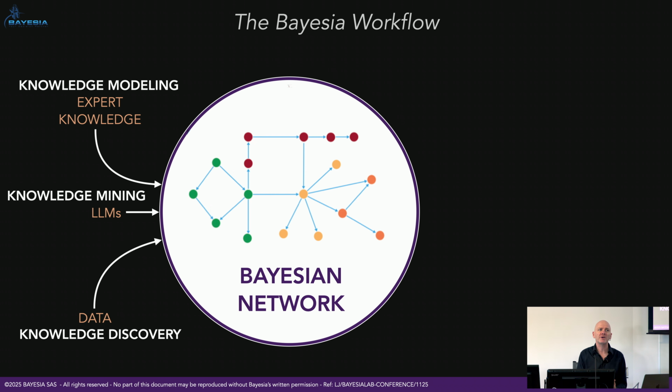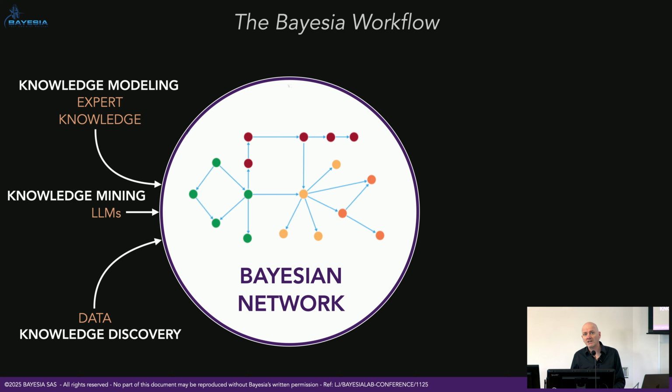When we created Bayesia in 2001, we were the first commercial company to provide machine learning algorithms, right? We created Bayesia exactly for that, because all the other software were just based on knowledge modeling, right? So we had a large set of machine learning algorithms. This is the first way to create automatically a Bayesian network. You have data, and you use machine learning for creating the network.